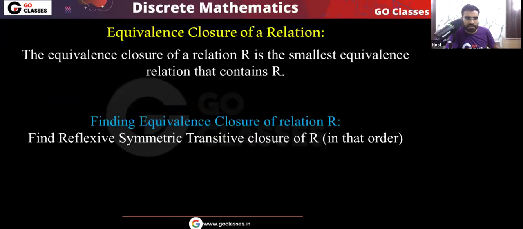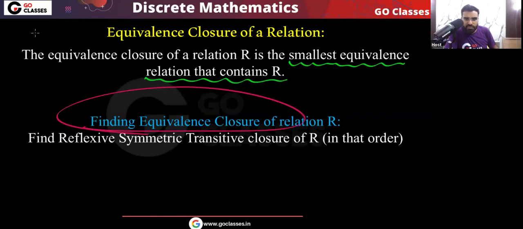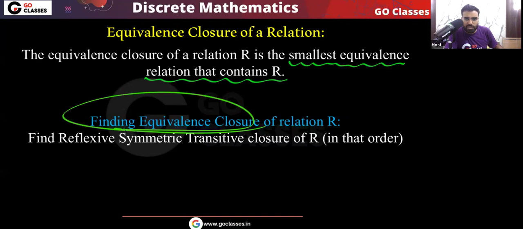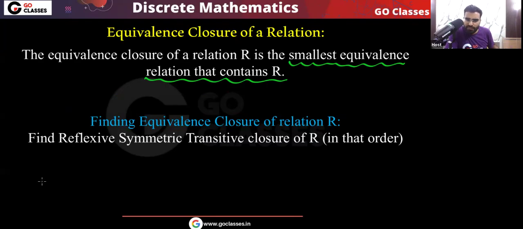So let's see the definition. Equivalence closure of a relation: the equivalence closure of relation R is the smallest equivalence relation that contains R. Very easy. Now, how to find equivalence closure of relation R? Remember, equivalence relation means what? Equivalence relation means reflexive, symmetric, transitive.